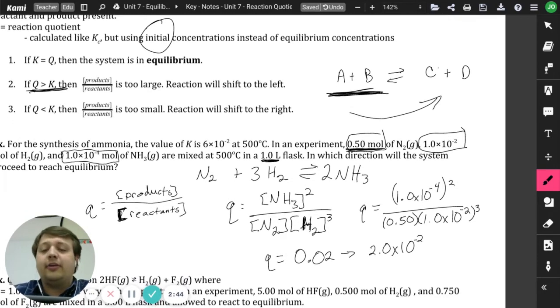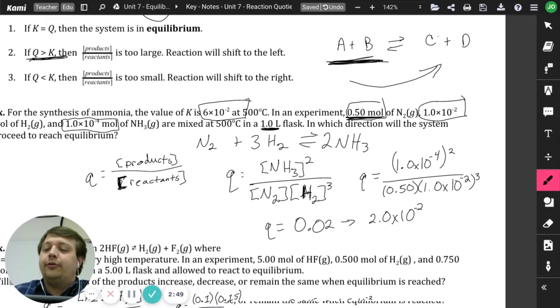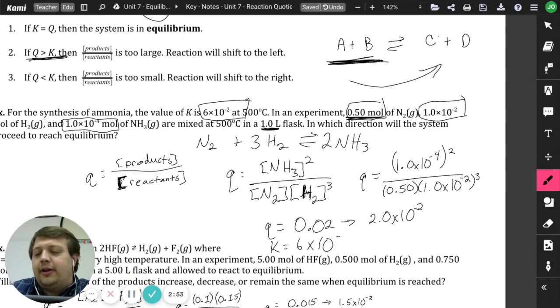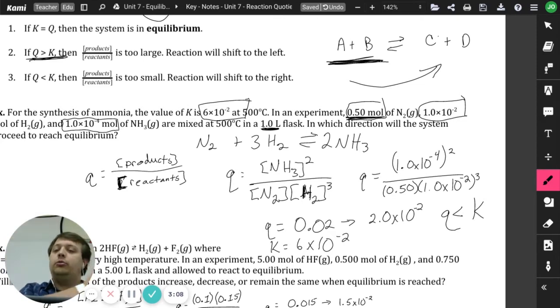So now let's compare that to the K value that they gave us. They told us that the K value equals 6 times 10 to the negative 2. So when we compare Q to K, what we find is that Q is less than K. So if Q is less than K, my reaction is going to shift to the right.